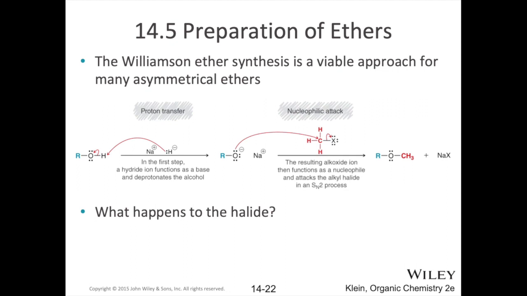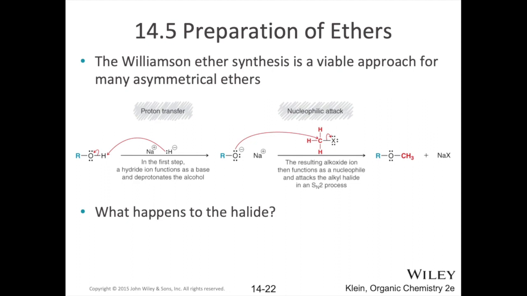In the first step, we take one alcohol and convert it into an alkoxide base. To do that, we use sodium hydride. The hydride ion plucks off a proton. Hydride itself can be basic. It plucks off a proton and leaves as hydrogen gas, right? And so we wind up making the sodium alkoxide salt as the product.